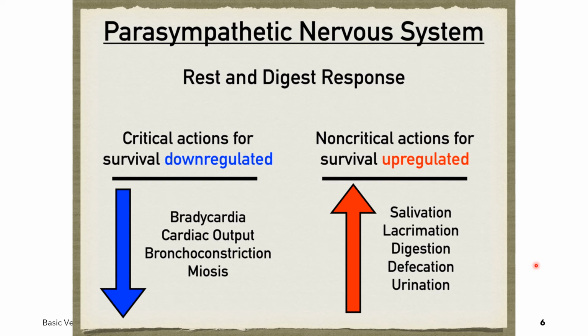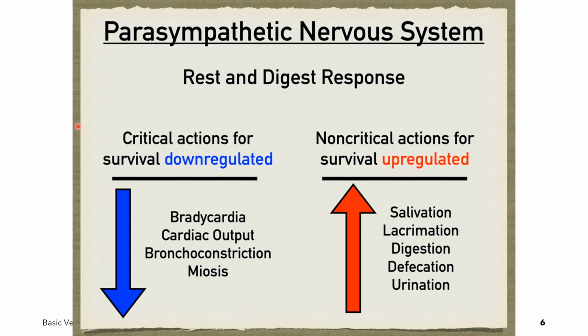So, activation of the parasympathetic nervous system results in increased, as the upward arrow here means, salivation, lacrimation, digestion, defecation, and urination. These are considered to be non-critical actions for survival, and these are upregulated by the parasympathetic nervous system.